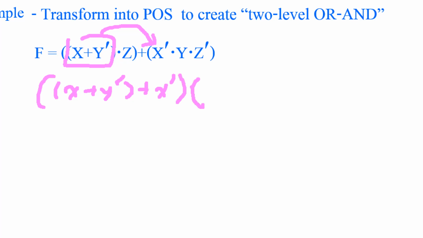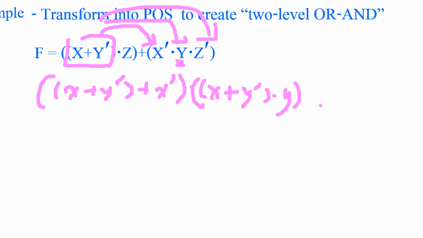What? This term is block x plus y prime and y. Okay. After that, and what? X plus y prime and z prime. Okay. And then we do this one, right?